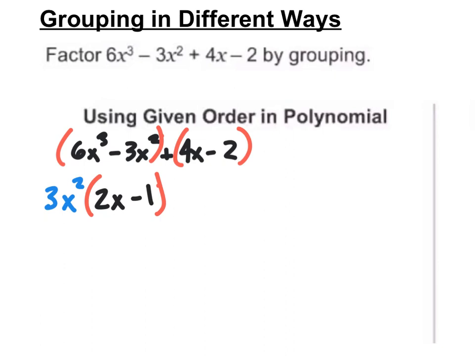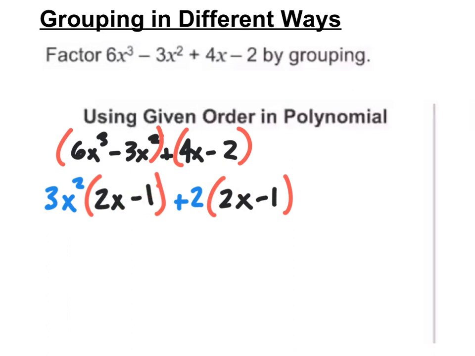And then over here, I can factor out a 2, all right? So if I factor out a positive 2, then I'm left with just a 2x minus 1, okay? And at this point, I have a common binomial here.